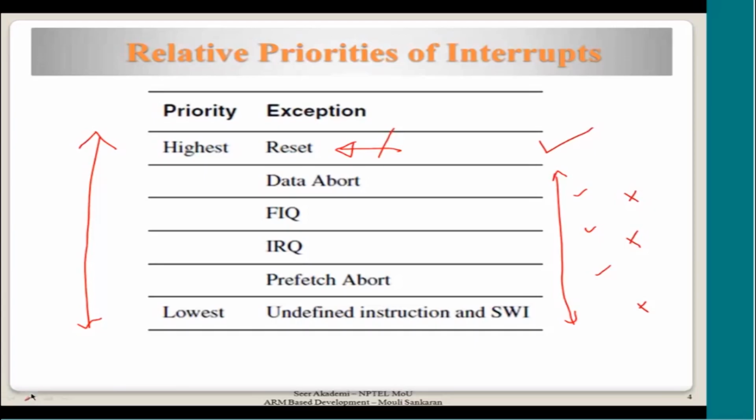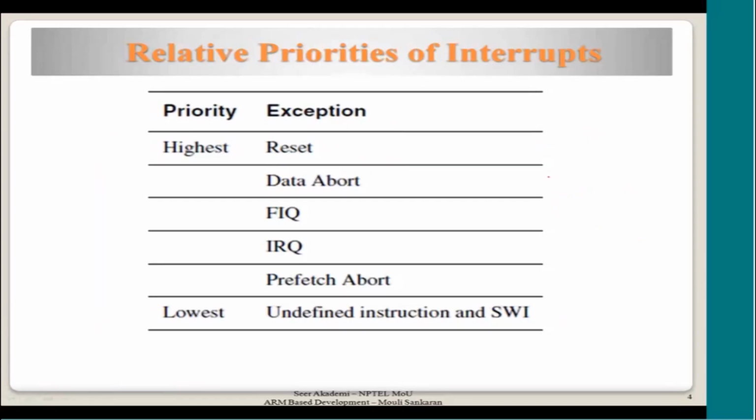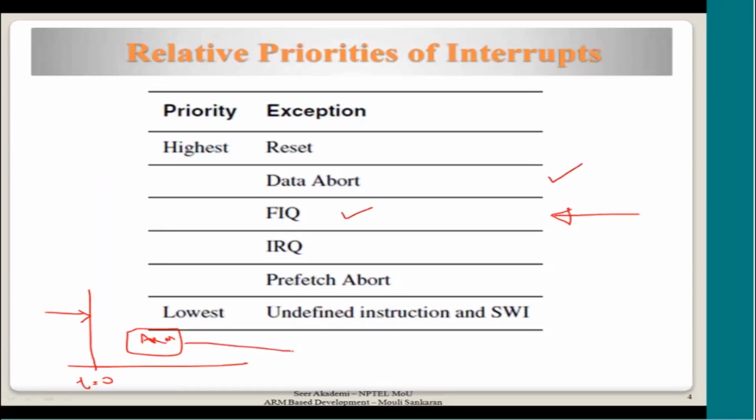Now you may wonder, we keep claiming that FIQ is the most important interrupt and it should be given top priority, but data abort is sitting on top of it. What does that mean? Suppose an FIQ interrupt is happening from the external system at t equal to 0, and assume the ARM processor is executing an instruction, maybe a load or store, LDM or STM, something to do with the data memory.